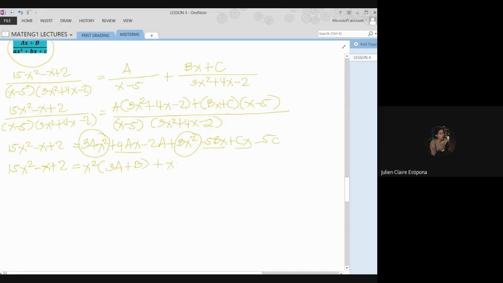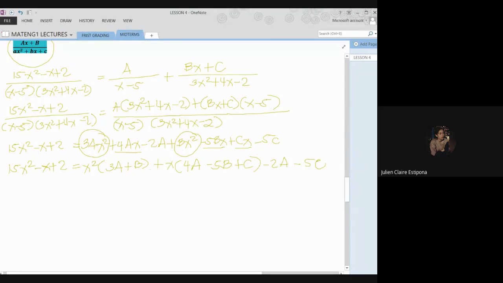That is x, multiplied by 4a, and then what remains there? Negative 5b. You just correct me if I am wrong, huh? That is plus c. And what remains there are the constants, which are negative 2a and minus 5c. So is that correct? x squared: 3a plus b, and then for x, that is 4a minus 5b plus c.